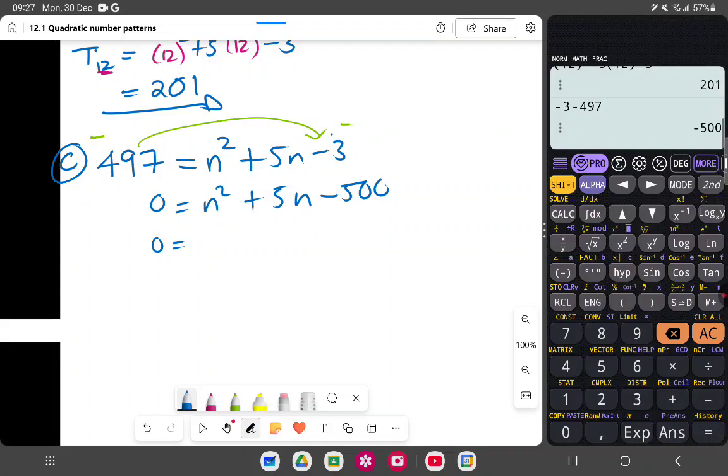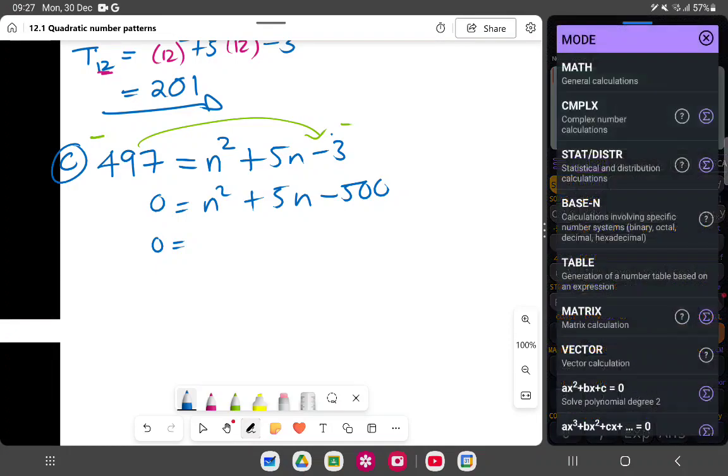Now, I want to show you how to do this on this calculator, which is one of the main reasons why we're using this one, because of the functionality. So please pay attention. On your calculator, I want you to go to the function. So I'm going to clear the screen and I'm going to go to mode. Mine looks different to yours, but it says exactly the same thing.